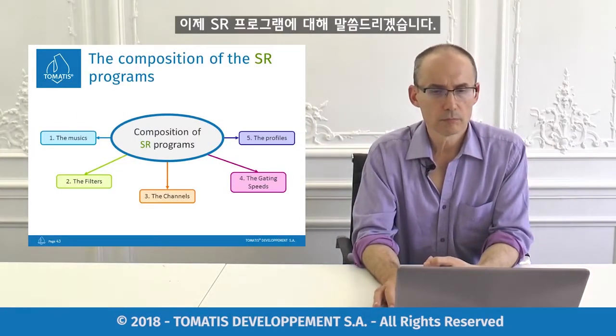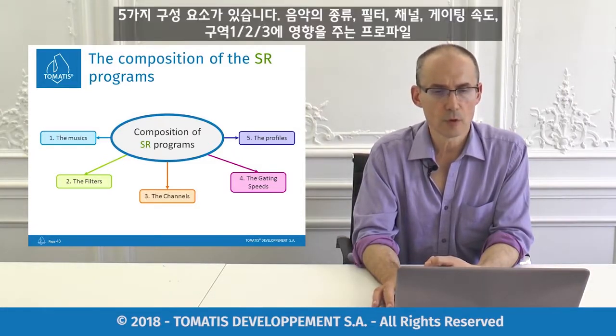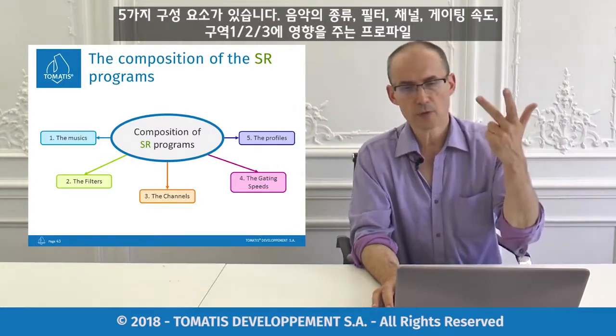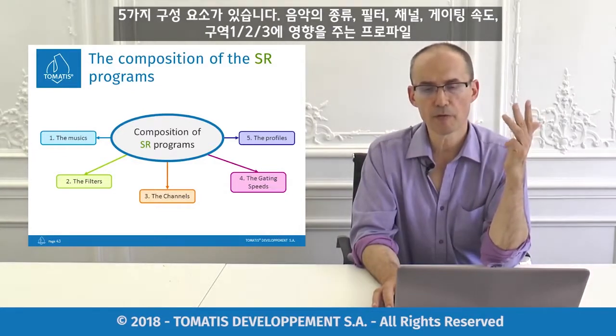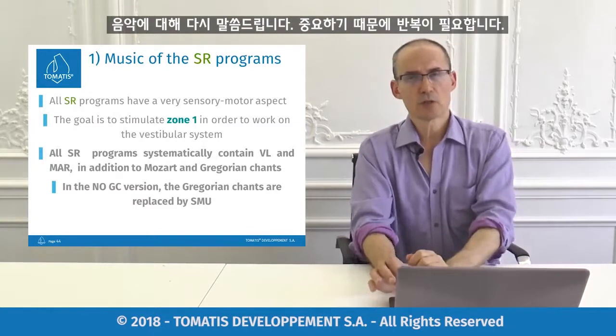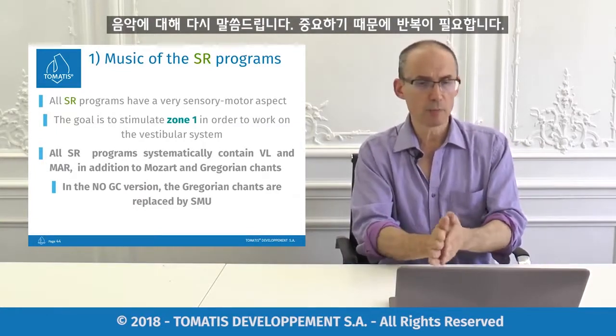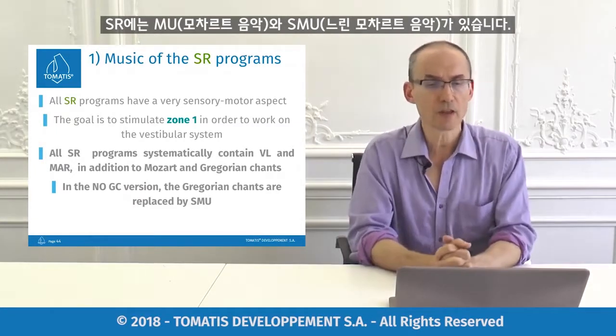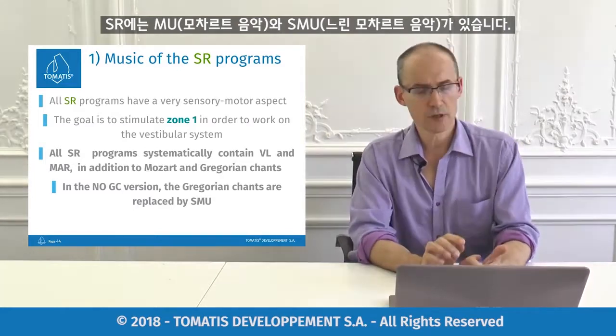Okay, so let's talk about the SR programs. 5 points: the type of music, the filters, the channels, the speed of gating, and the profile of impact zone 1, zone 2, zone 3. The music. So I repeat myself, but it's quite important to be a bit redundant. In the SR, you have MU, music of Mozart.